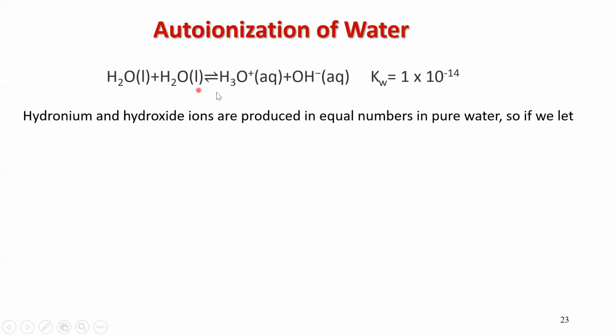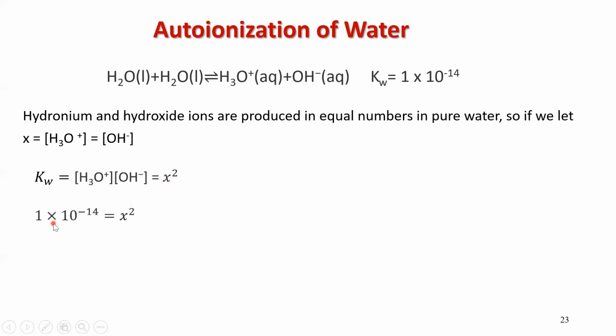If we were to look at pure water, the concentration of hydronium ions will equal the concentration of hydroxide ions because it's a 1-to-1 ratio. If we don't know what these concentrations are, we could say they're X. So hydronium is X and hydroxide is X. That means Kw equals x squared. Well, Kw is a constant, so we can plug in 1 times 10 to the minus 14 for Kw.